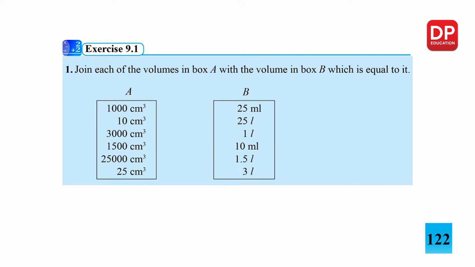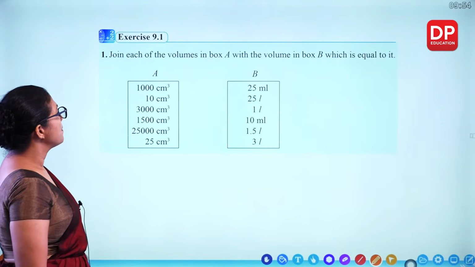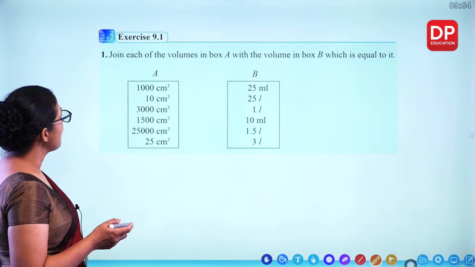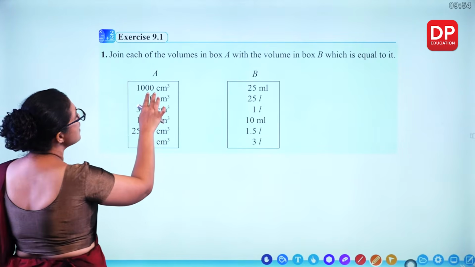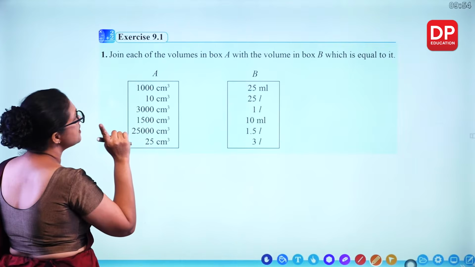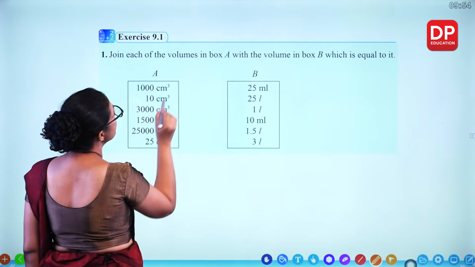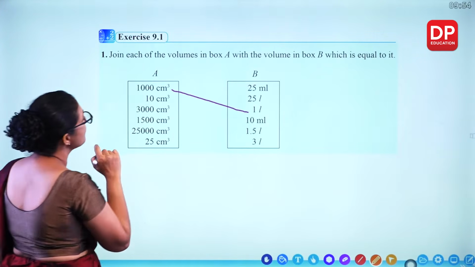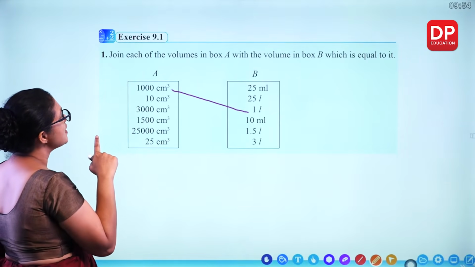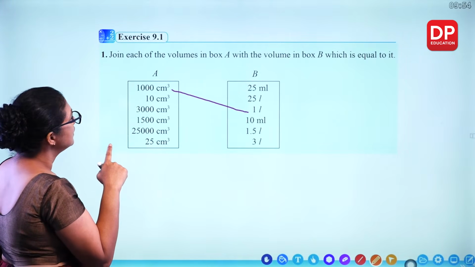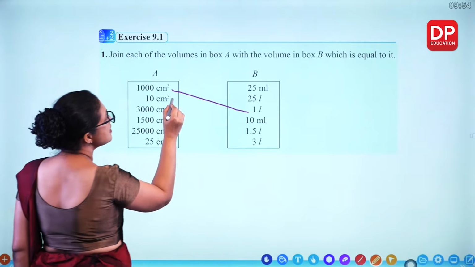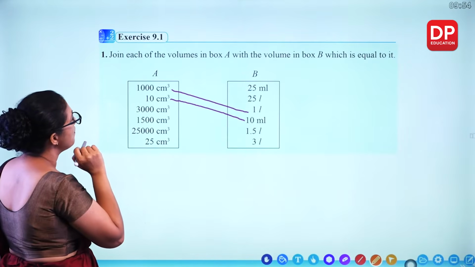Exercise 9.1. Join each of the volumes in box A with the volume in box B, which is equal to it. So you need the conversion. 1000 cubic centimeters is 1 liter. 10 cubic centimeters is 10 milliliters. Cubic centimeters and milliliters are the same.